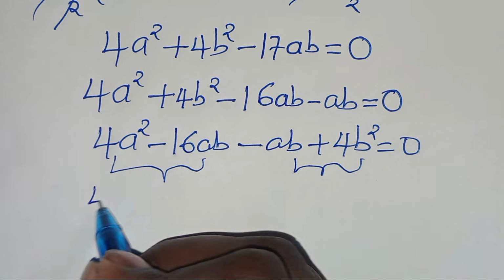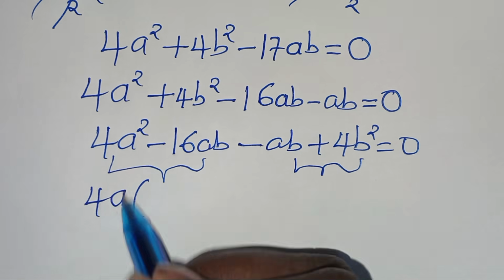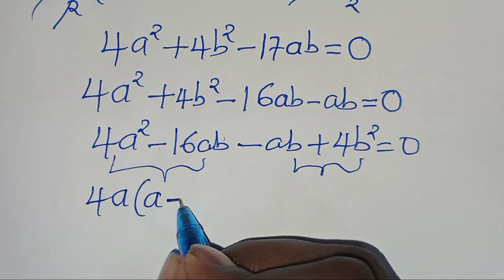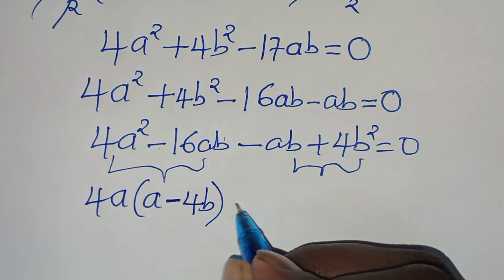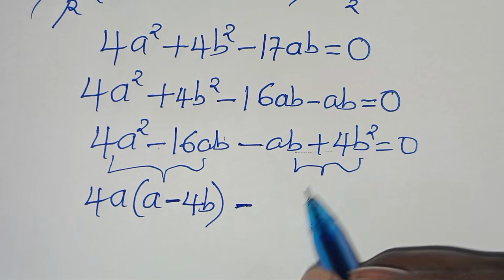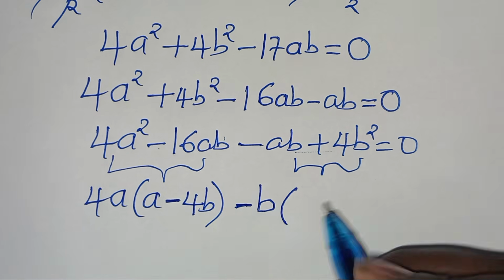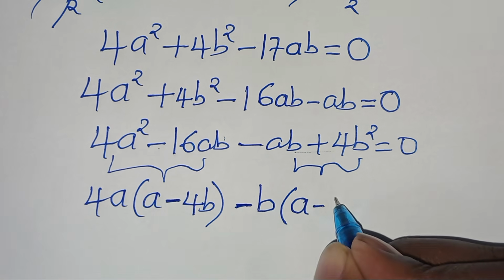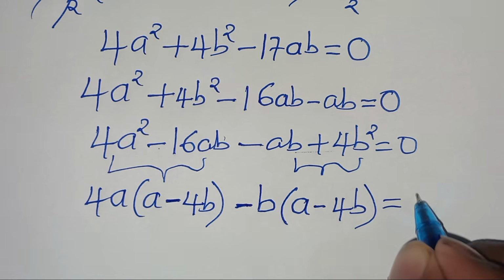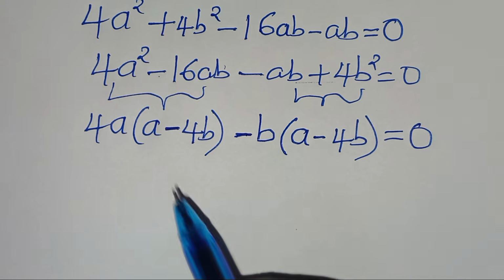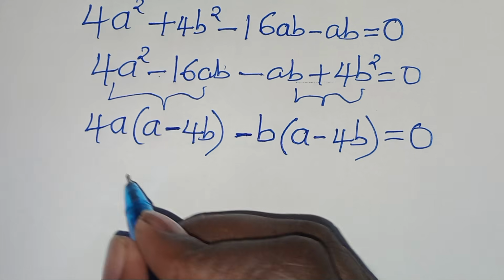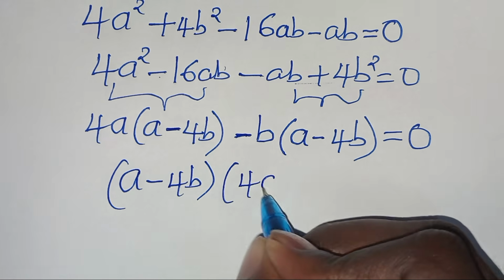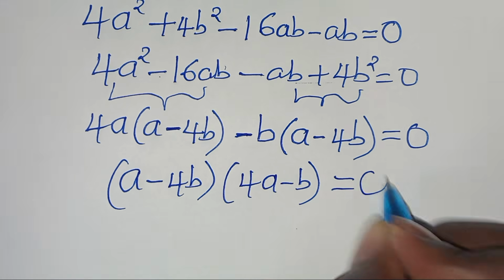So this means we have 4a squared divided by 4a, this is a, minus 16ab divided by 4a, this is minus 4b. Then subtract, now here we have that b is common, so subtract b into the parentheses, ab divided by b, this becomes a, subtract 4b. This is equal to 0. So we have that (a minus 4b) is common here, so we factor out (a minus 4b), then we have (4a minus b). This is equal to 0.